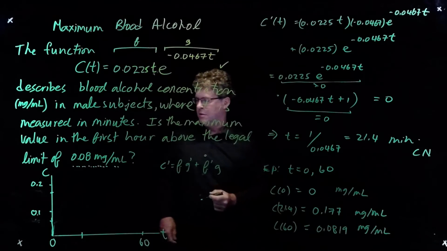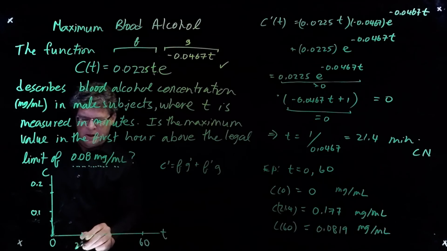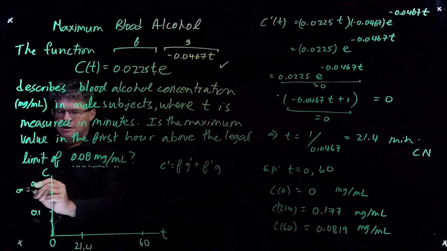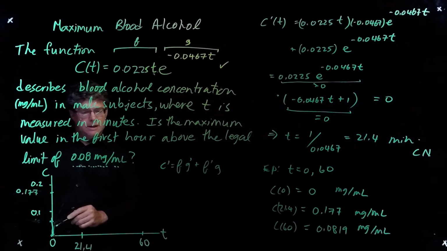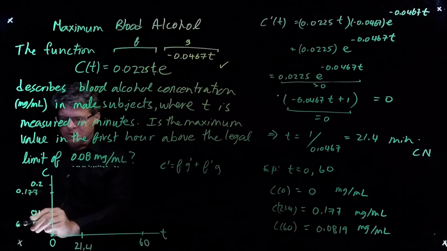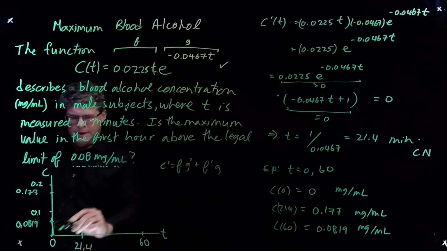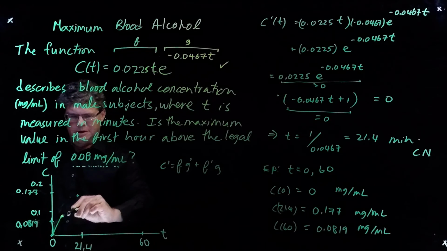So if we look at the graph of the function now, at 0, it's equal to 0. At t is 21.4, it's equal to 0.177. And at t is equal to 60, it's equal to 0.0819. And so the graph of the function looks something like this.